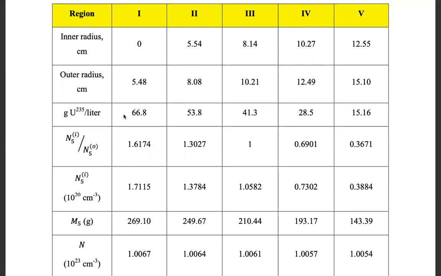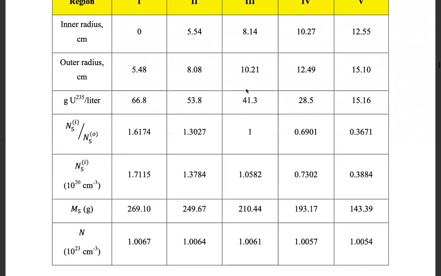Okay. Now, what you can see is that the number density of U-235 divided by the reference density is more over here than this. Previously it was equal.